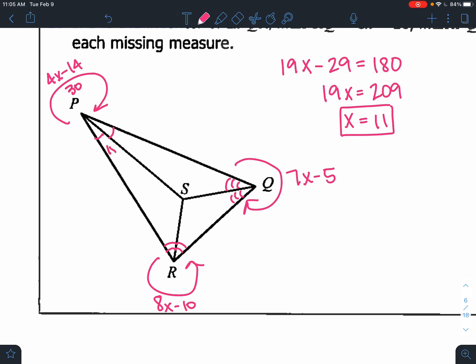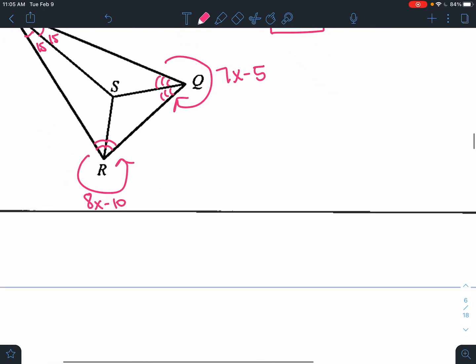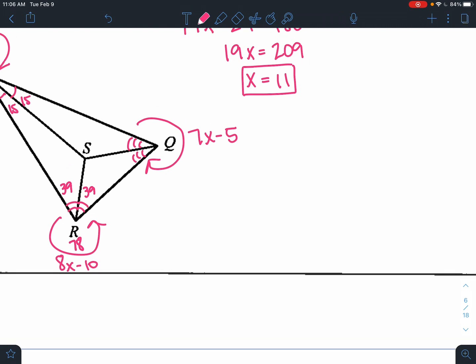So that means these are 15 and 15. 88 minus 10 is 78. So that means that this is 39 and 39. And then 77 minus 5 is 72. So that's 36 and 36.